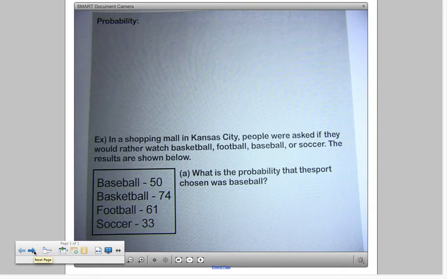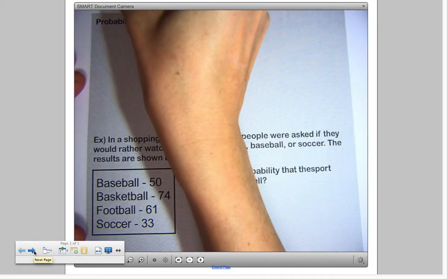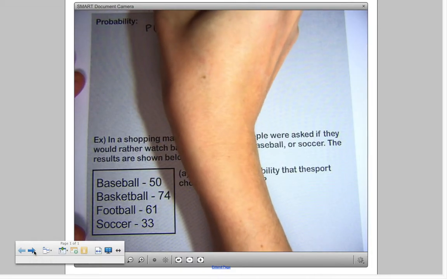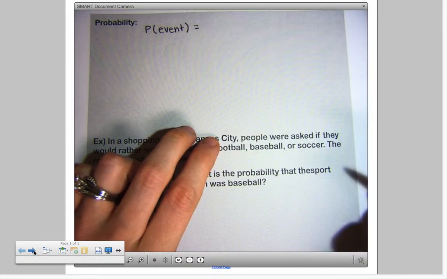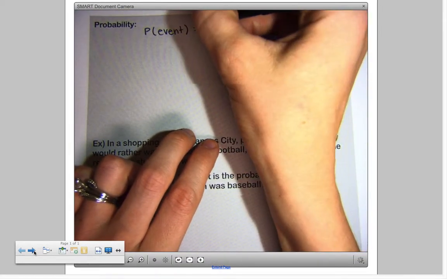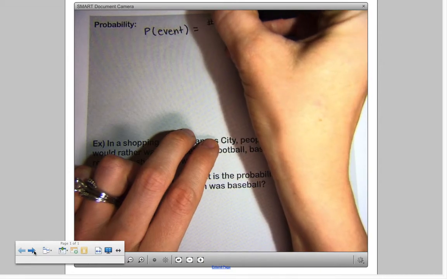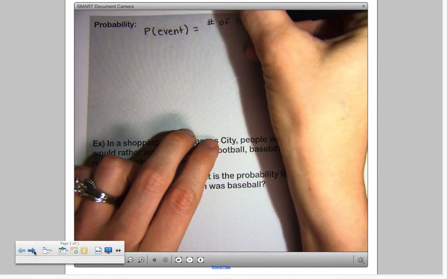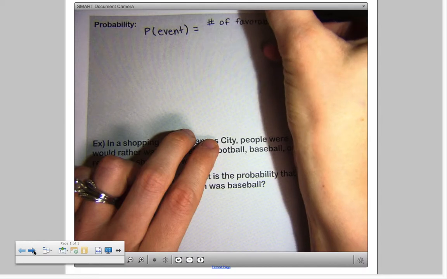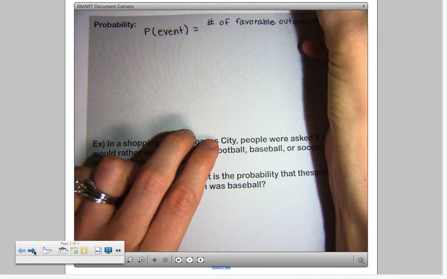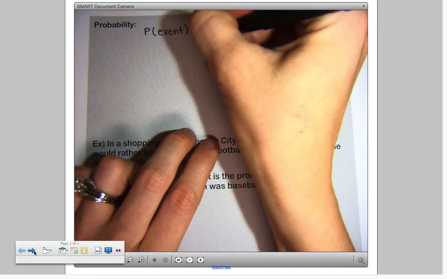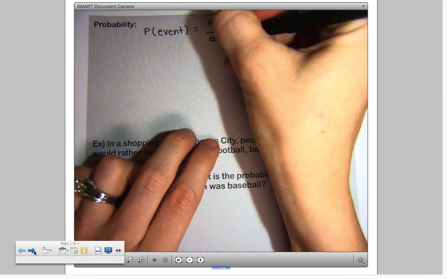All right, so first thing, we're going to go over what probability is. So the formula that we're going to use, the probability of an event is equal to the number of favorable outcomes over the number of total outcomes.